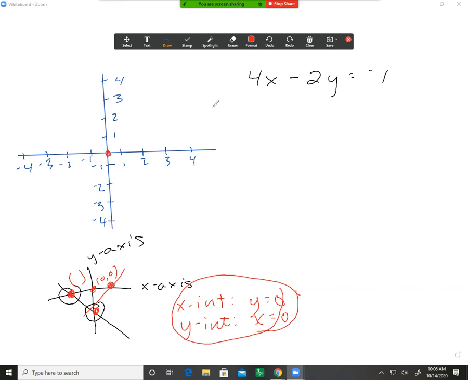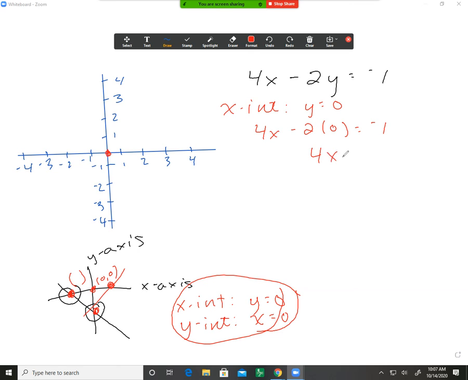Let's first find the x-intercept. For the x-intercept, y equals 0, right? So in this linear equation we're trying to graph, put y as 0. We have 4x minus 2 times 0 equals -1. What's 2 times 0? 0.